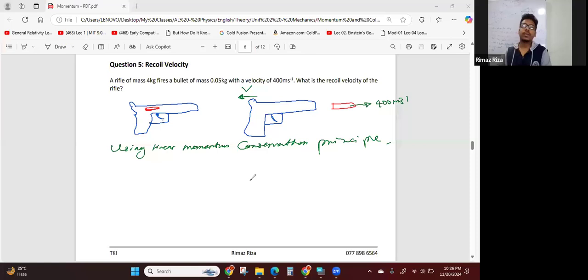That is according to Newton's third law. Every action has equal and opposite reaction. So when there is a spring kind of thing, equal and opposite reaction force will be there according to Newton's third law.